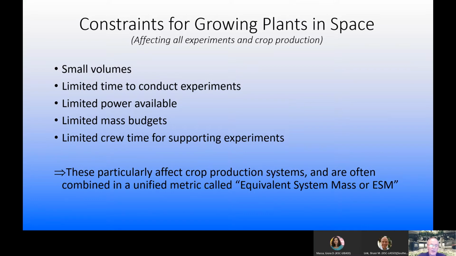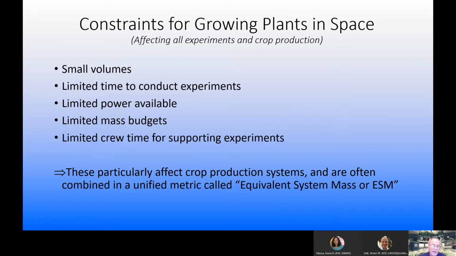Power is almost always limiting, and that'll be more of an issue for production systems. You're also limited by mass, and by the amount of crew time you need to support these experiments. Crew time is a pretty precious commodity depending on the mission, so if an experiment is intensive in terms of requiring crew time, that's going to be a challenge to get that much available to you.